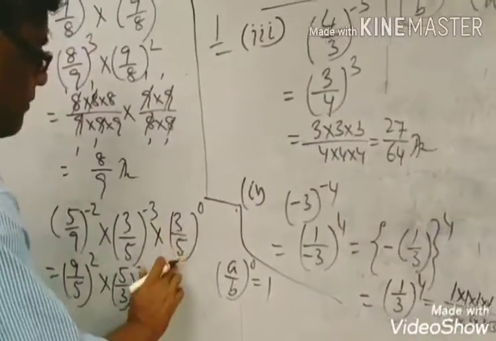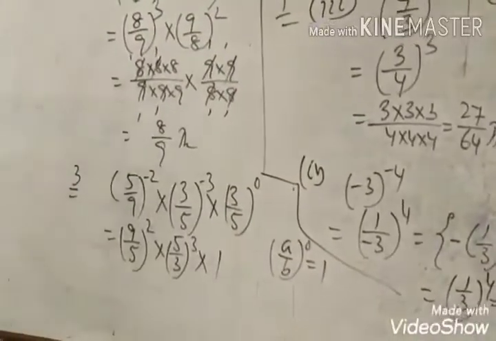That means (3/5) to the power 0 equals 1.